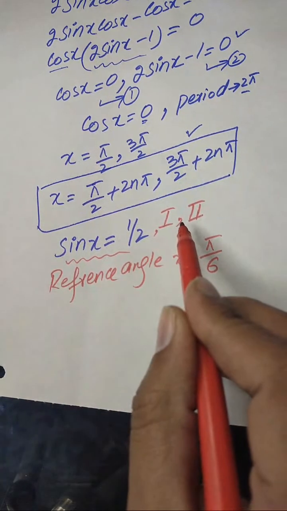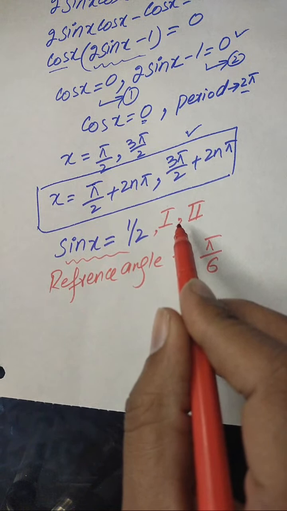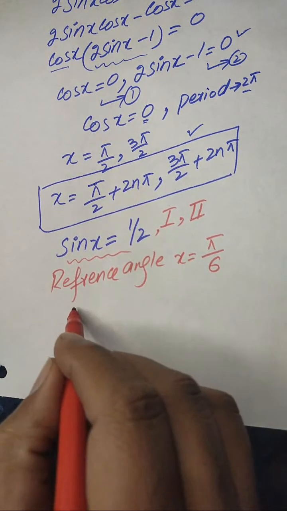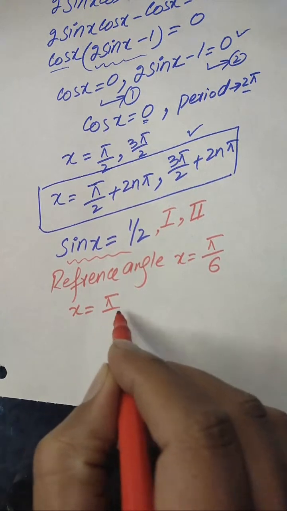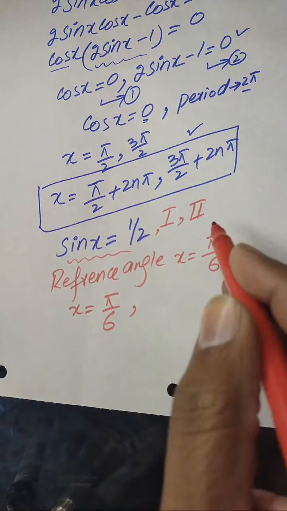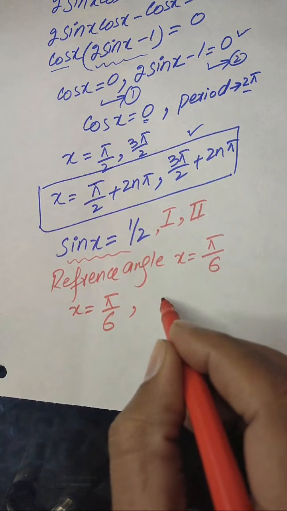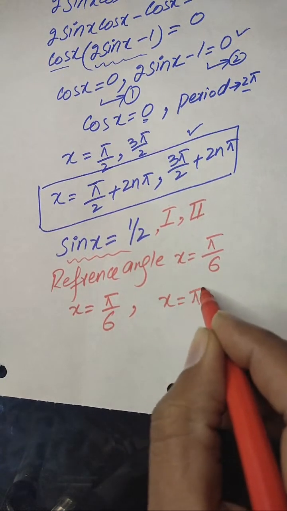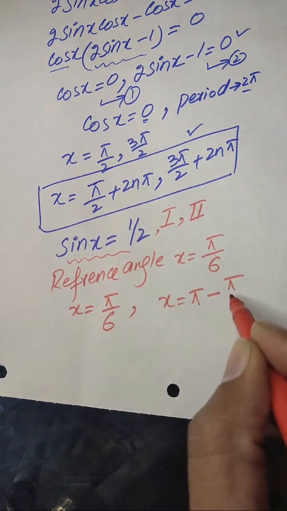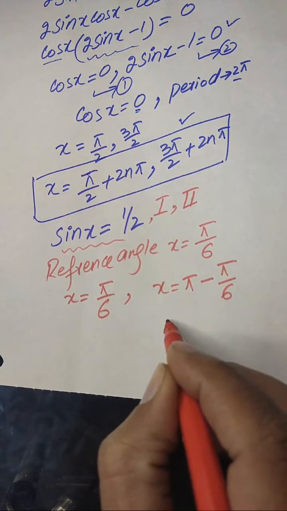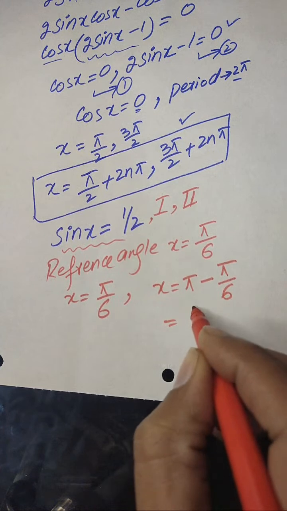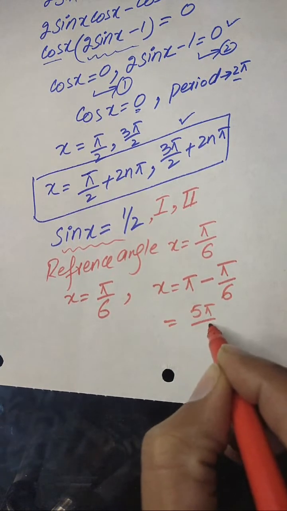The angle in the first quadrant is equal to our reference angle, so the value of x is pi by 6. Similarly, the angle in the second quadrant is pi minus the reference angle, pi minus pi by 6, so this angle becomes 5 pi by 6.